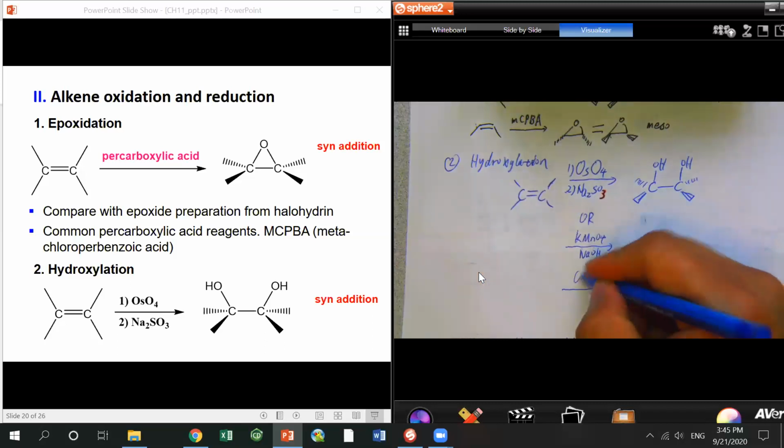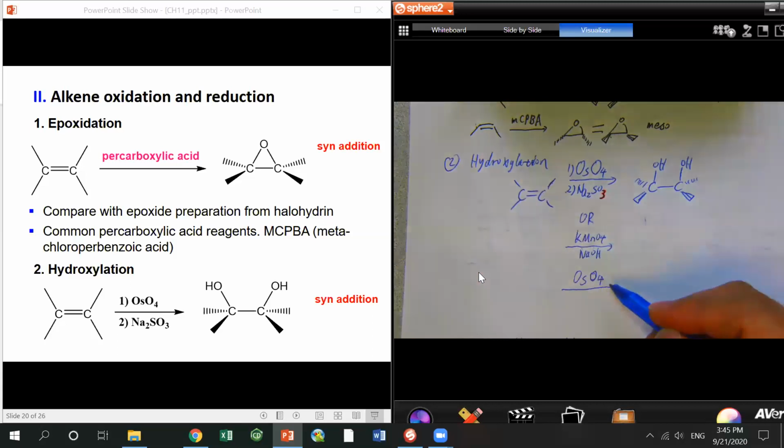We still use osmium tetroxide, OsO4, and then we add an oxidation reagent, t-butyl hydroperoxide.